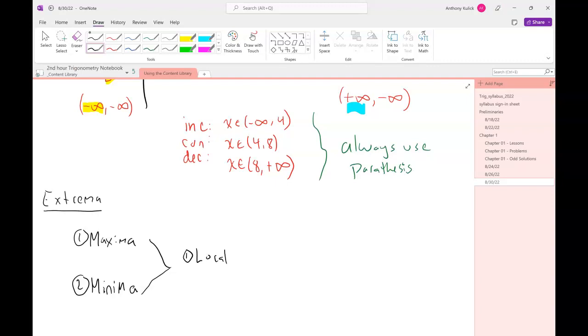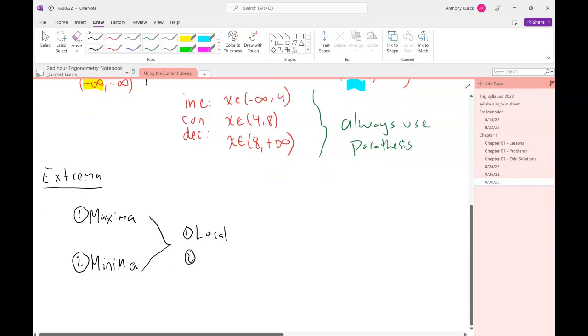There's local maximum or maxima and minima, and then there's global, or I think some of you guys use the word absolute. Depends on the textbook or your teacher. I'm going to use the term global, but you could use absolute interchangeably.